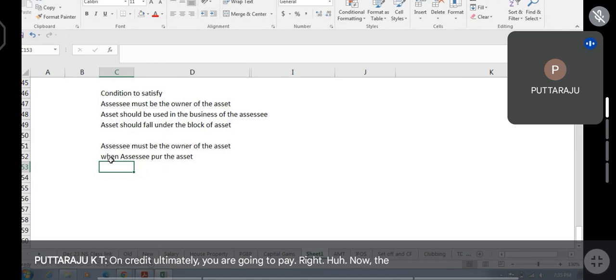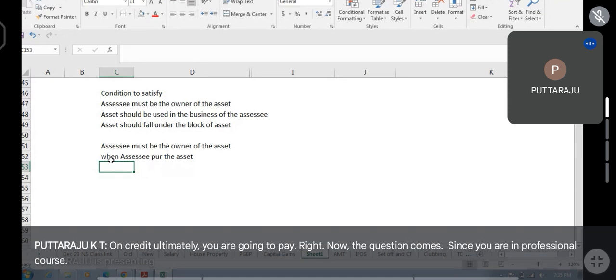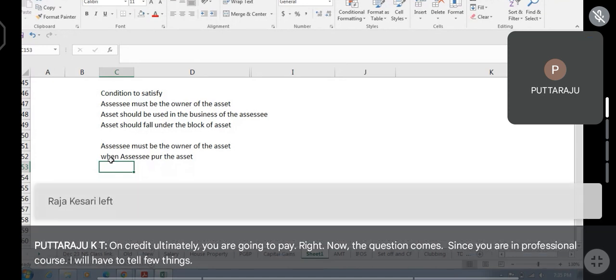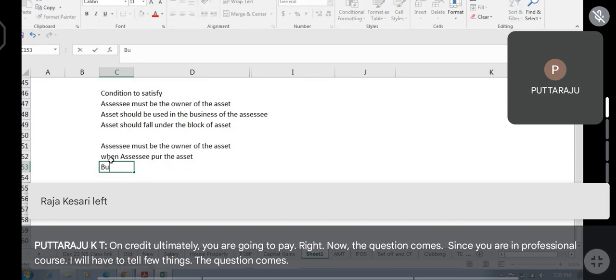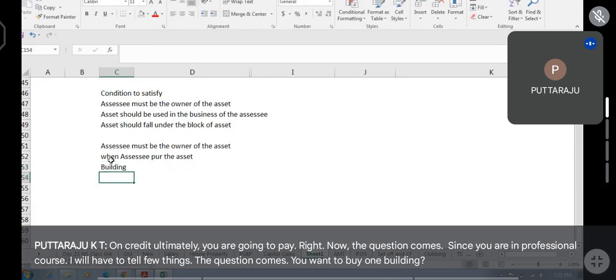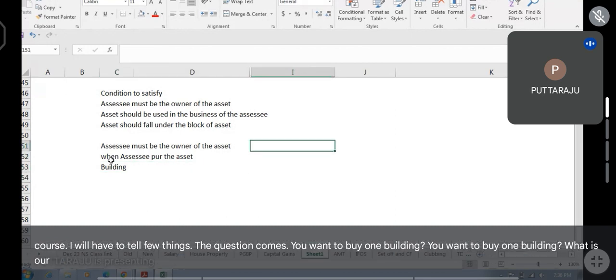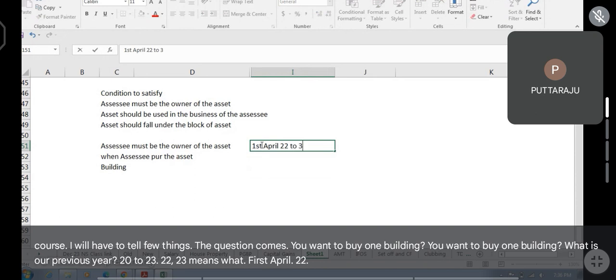Now the question comes. Since you are in a professional course, I will have to tell a few things. You want to buy one building. What is our previous year? 22-23. 22-23 means what? 1st April 22 to 31st March 23.